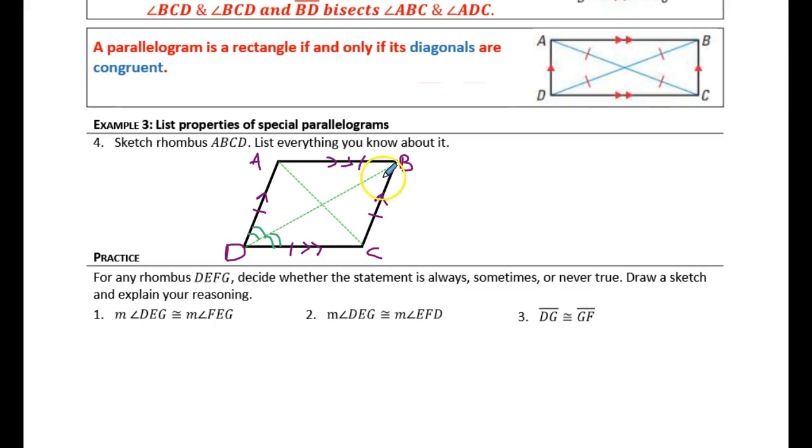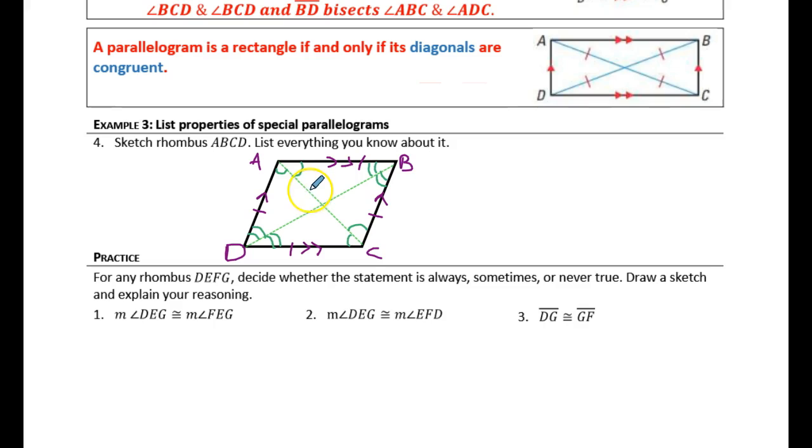But remember that angles B and D are congruent, so all four of these little angles are congruent. Angles A and C are also congruent, and they are bisected by diagonal AC.